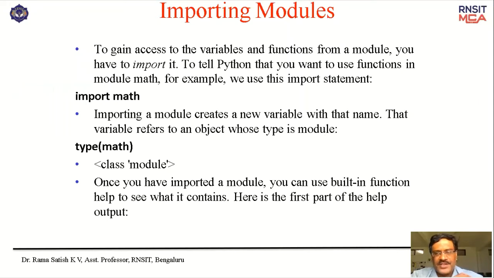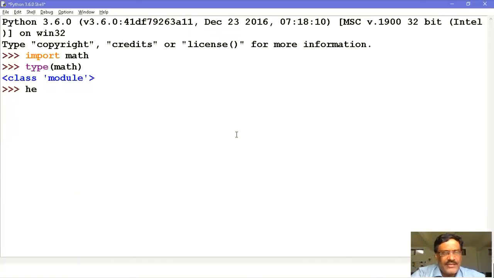Once you import, you can use built-in functions with the help of the help function. I think we all know the help function. When we use the help function, we come to know the help details about all the functions. So here I can give help math. When I say help math, it will display all the methods, variables and constants that are there in this math module, along with a short description.